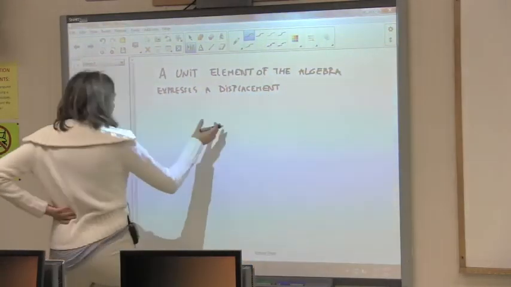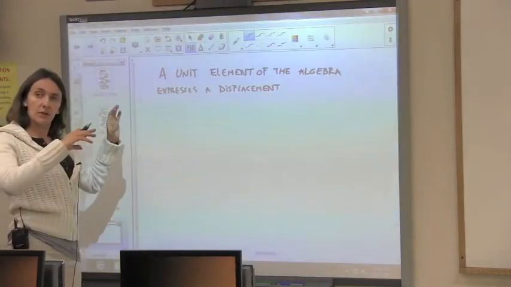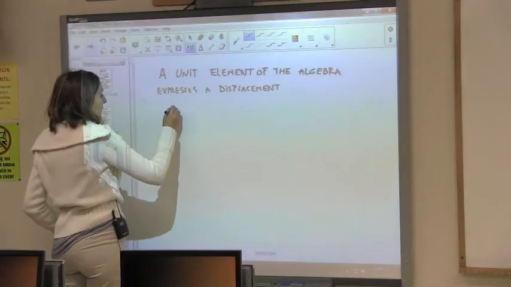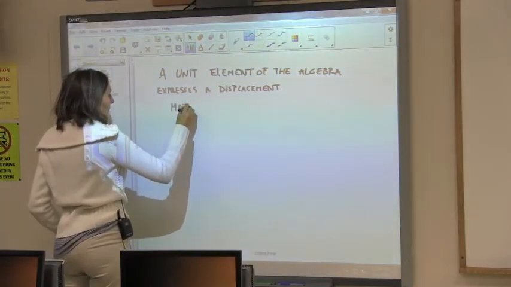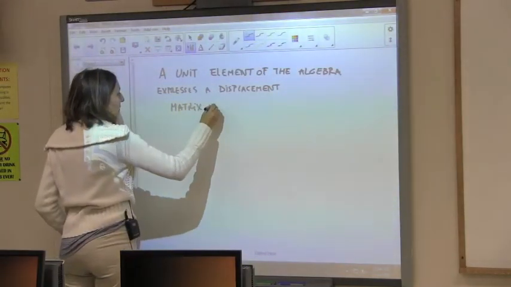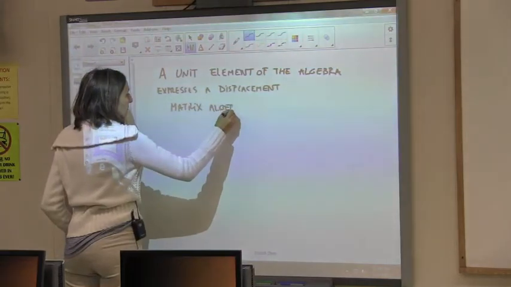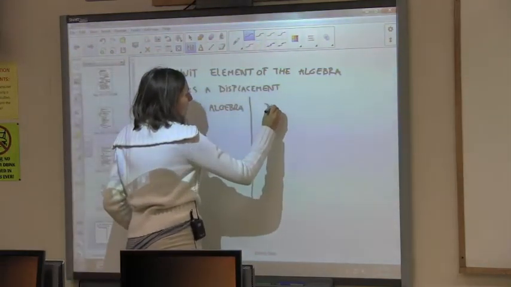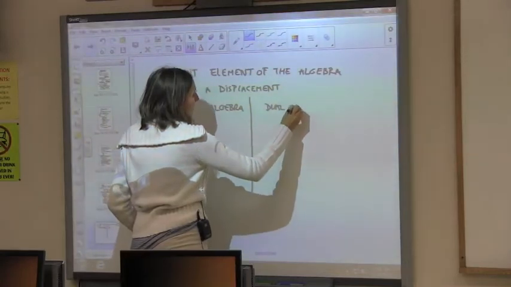So let me just put the kind of similarity between the matrix algebra and the dual quaternion algebra.